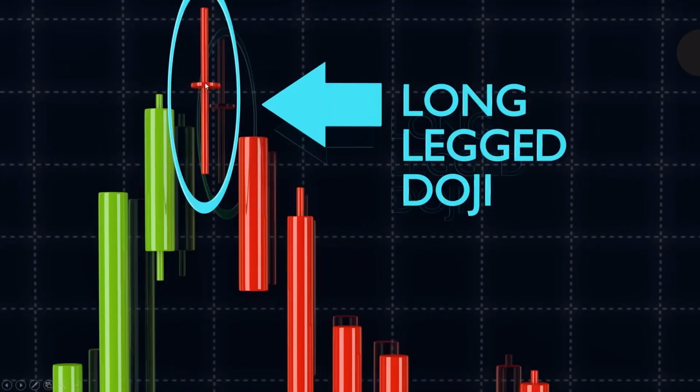This is what is referred to as a long-legged doji, in that it went up and it made a high. Again, look to your left. There's nothing there. This is the high for this little trend run here. Then they push it down and they push it back up, indicating indecision.